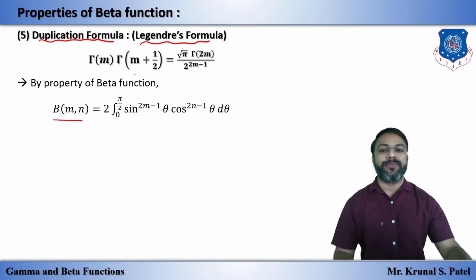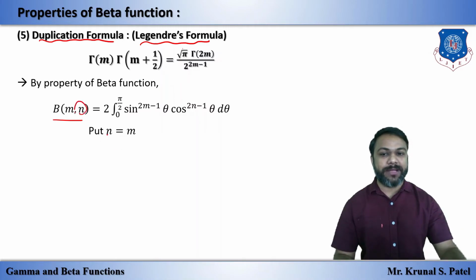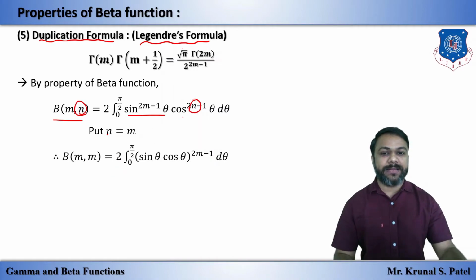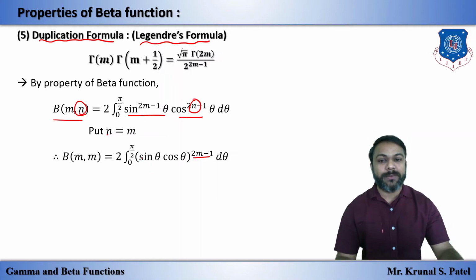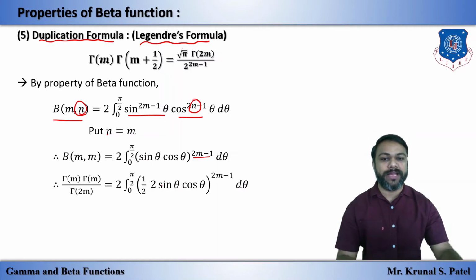Okay. Now we will put n equal to m. So this n becomes m, this n becomes m. So we have sine theta cos theta whole raised to 2m minus 1. Now multiply by 2 and divide by 2. So this term becomes sine 2 theta, and we can take 1 by 2 outside by taking this power.